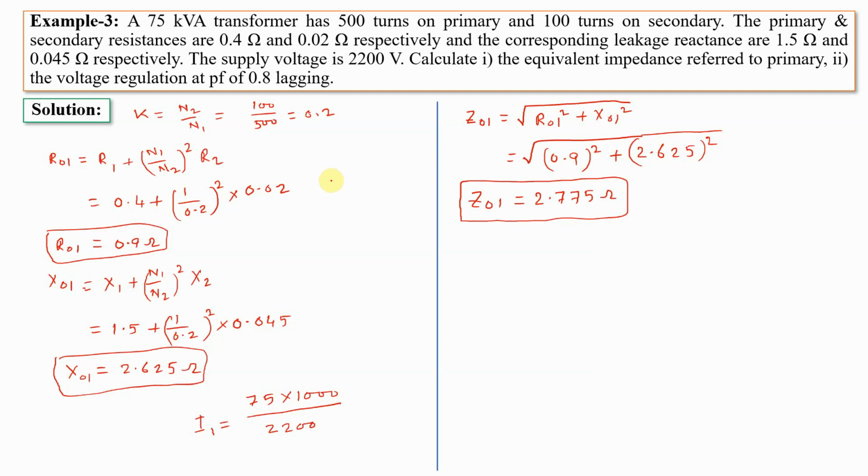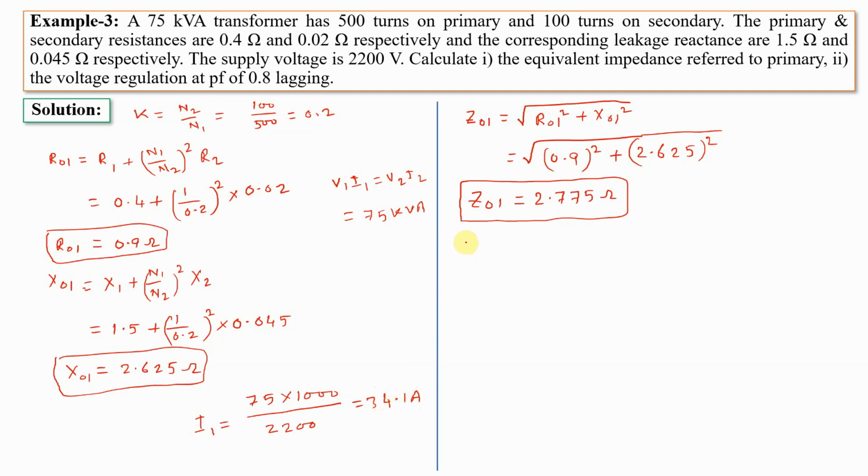Because the rating of the transformer means V1 I1 is equal to V2 I2, and this value is 75 kVA in this case. So from here we can find the full load primary current, that is 34.1 ampere. So this is the full load primary current.